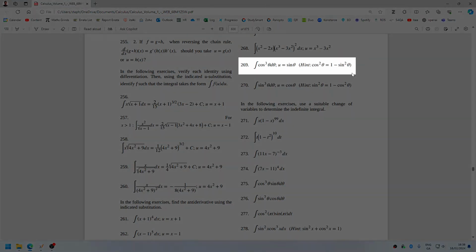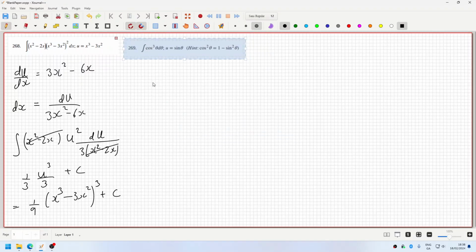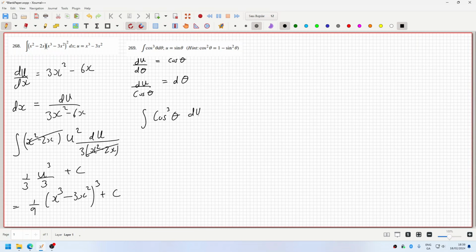Let's have a look here. 269. So du d theta equals cos theta. So that means du over cos theta equals d theta. So this integration becomes cos cubed theta du over cos theta.